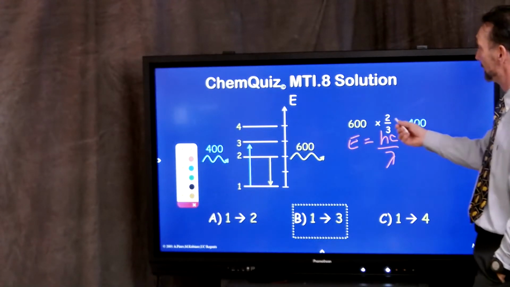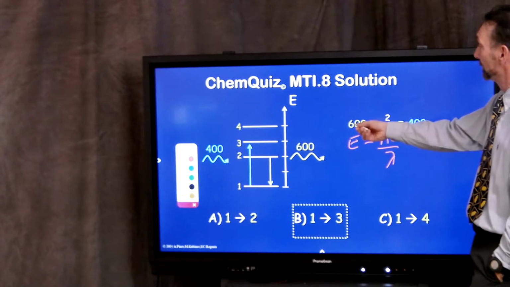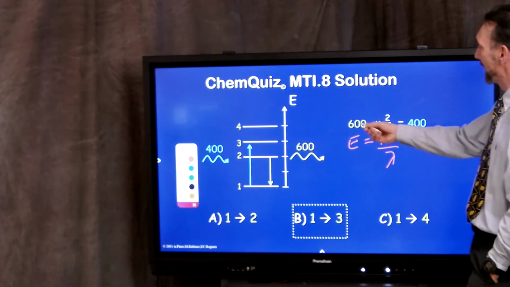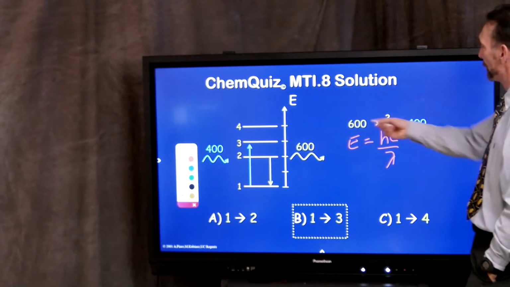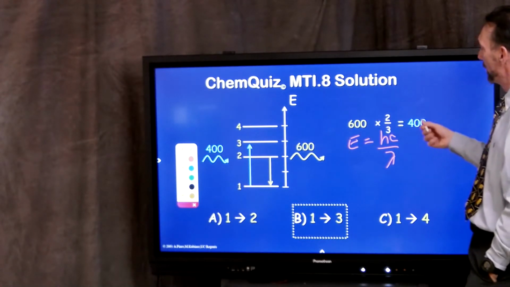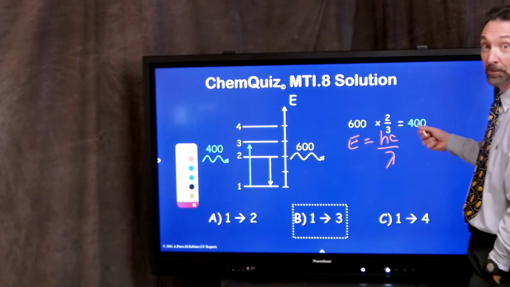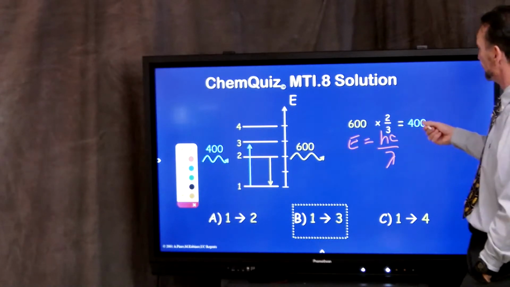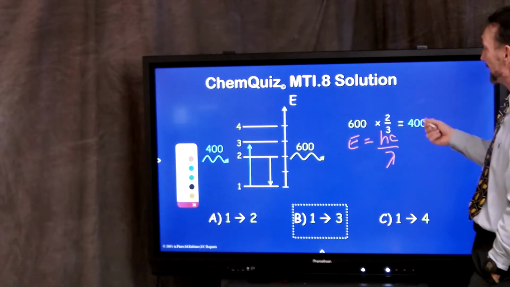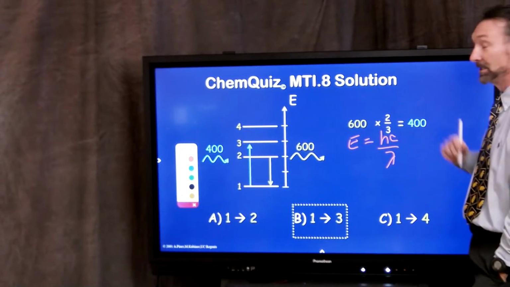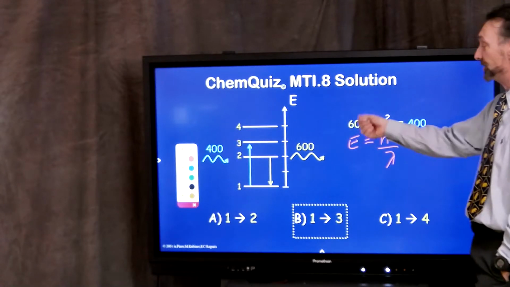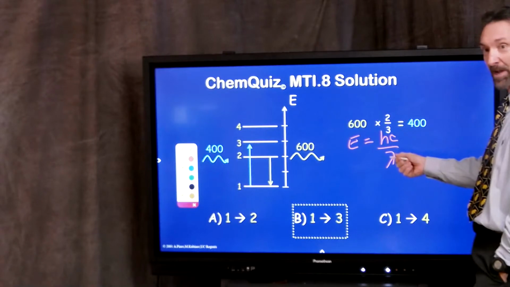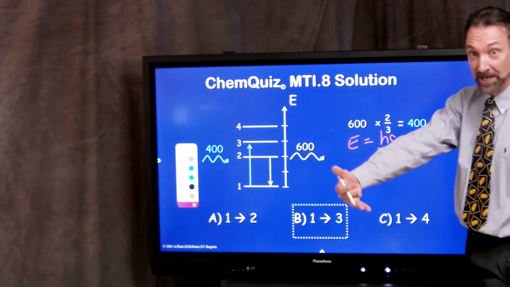To get from 600 to 400, we have to go to 2/3 of that wavelength. So we have that same relationship with the energy: this wavelength has 1.5 times the energy of that wavelength. The ratio of the wavelengths is the inverse ratio of the energies.